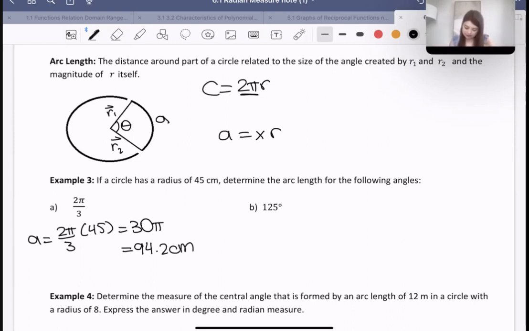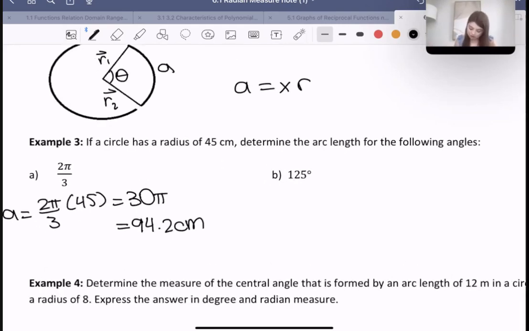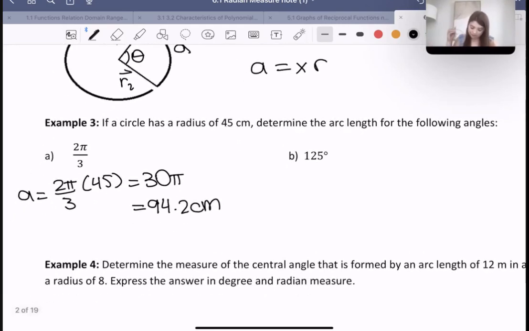So in this case, we don't have the full 2 pi, we just have x, a certain proportion. It would just be 2 pi over 3, because now it's just a third of that full circle. We just want the arc length for that 1/3 of the circle, not for the full 2 pi radians. We just want a third of that, 2 pi over 3 radians.